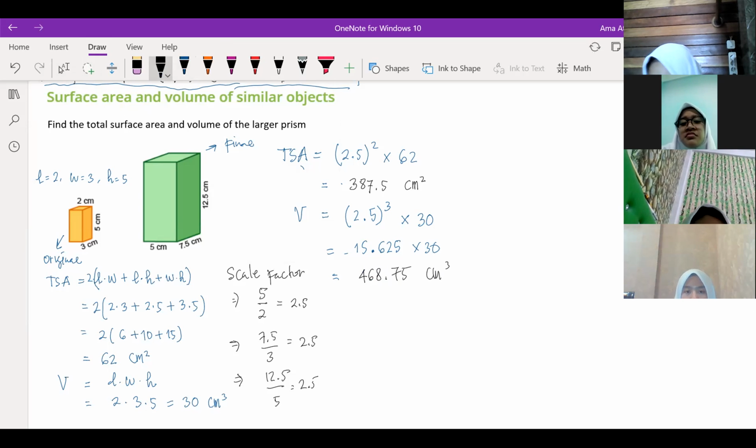So if you are finding the area, then this is the concept: you are taking the square of the scale factor. If you are finding the volume, you are taking the cube of the scale factor. If it is area, the square of the scale factor. If it is the volume, the cube of the scale factor.